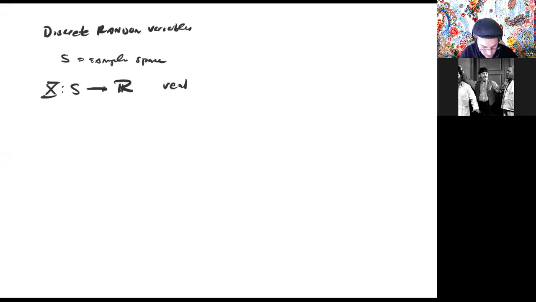Now it's a discrete random variable if the values this function takes live in a discrete set of points, so it takes discrete values. So it doesn't contain an interval, for example.